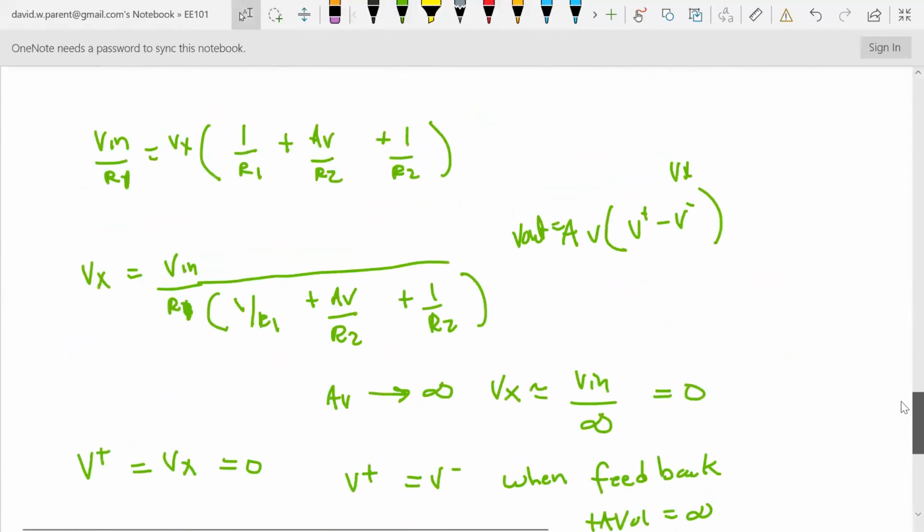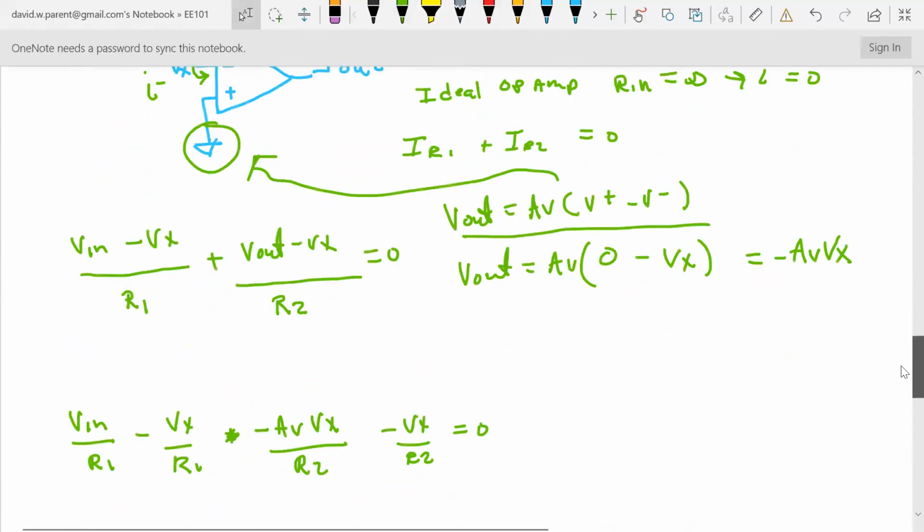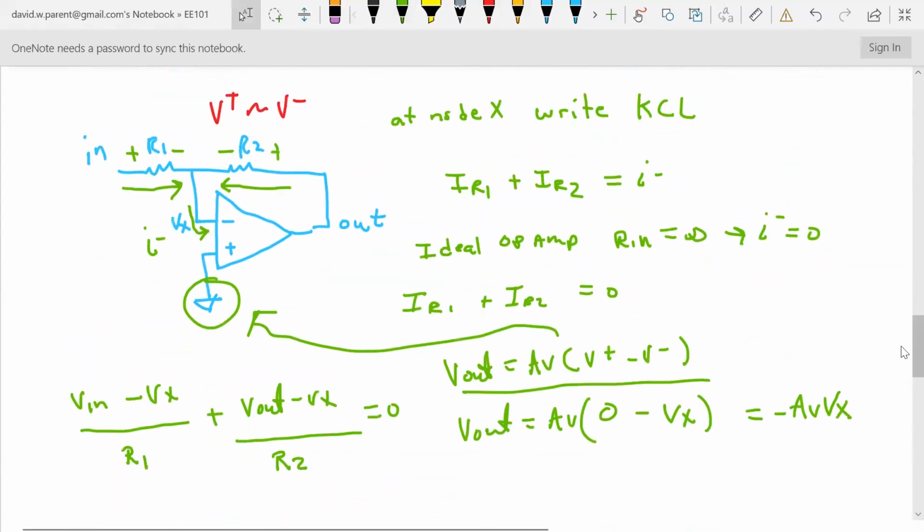And most certainly those two things aren't equal to each other. When we started off our derivation, we did not assume these two things were equal to each other. But now with an ideal op amp, this node and this node, Rn is 0, so there's no current, there's no voltage drop between the two, and there's feedback, and the open loop gain is infinity. That makes this equal to this equal to 0.